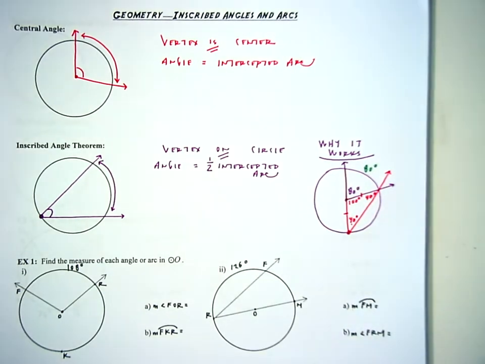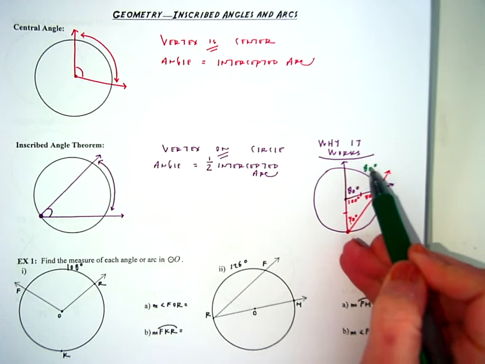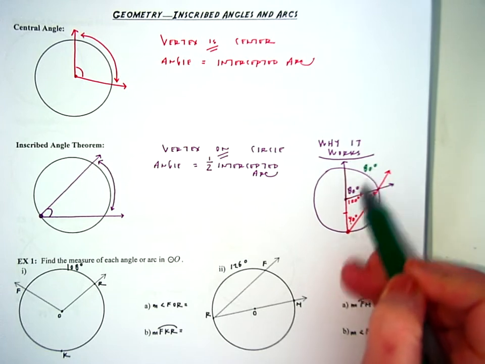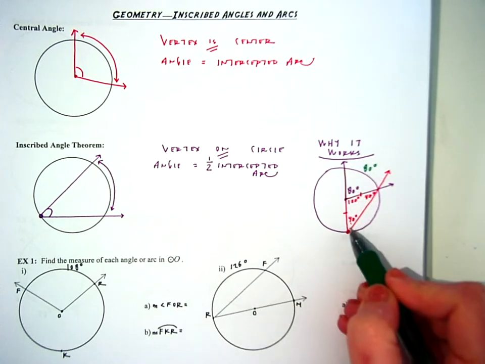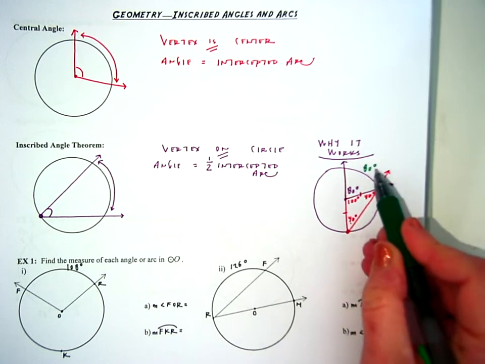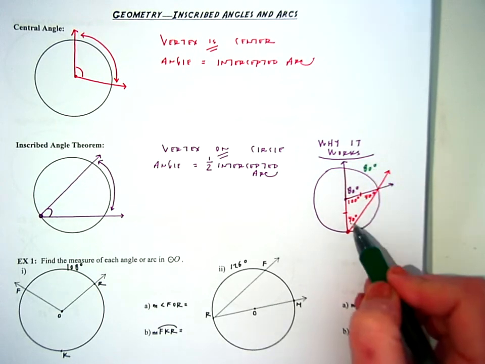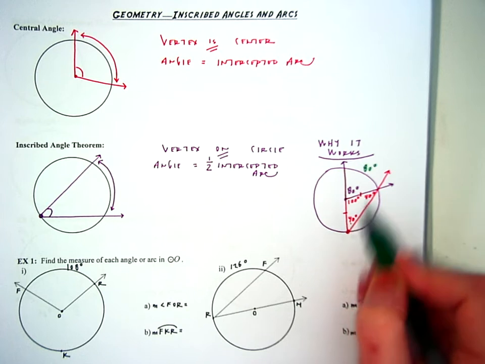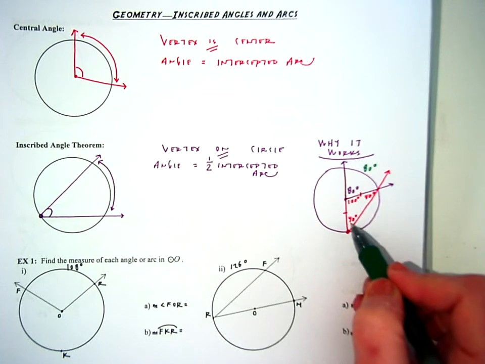So again, I'm just trying to illustrate for you how if this is a central angle, it will match with its intercepted arc. But the inscribed angle will be 1/2 of its intercepted arc. 40 is 1/2 of 80, or the intercepted arc is double the inscribed angle, right? 80 is 2 times 40.